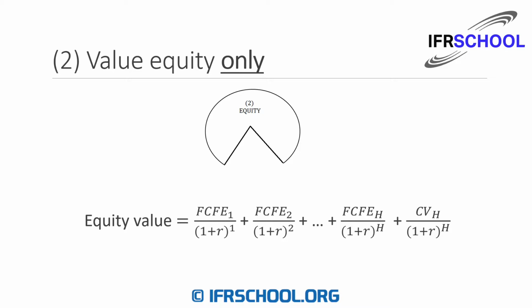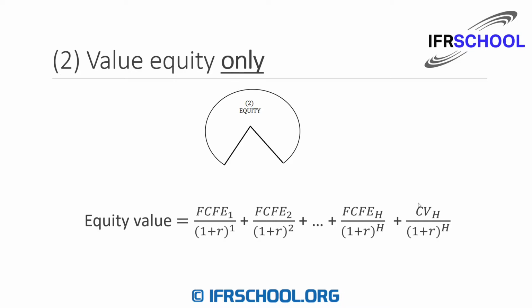Once we've calculated our estimates of free cash flow to equity, we can insert the estimates as the numerators in our model. We then discount the free cash flow to equity estimates over the forecast horizon that we've chosen. At the end of our forecast horizon, once a company reaches a steady state and the growth rate has stabilized, we can use a perpetuity to calculate the continuing value, otherwise known as the terminal value.